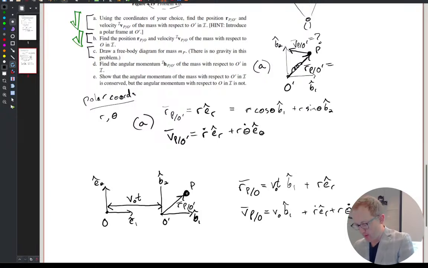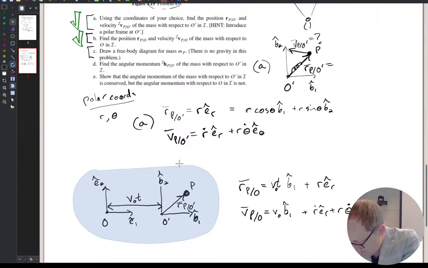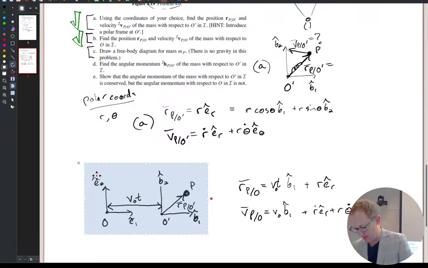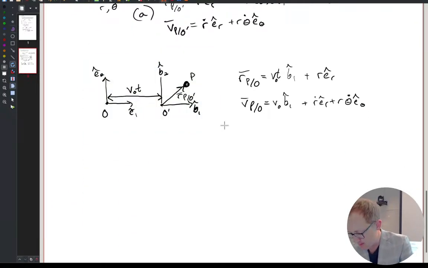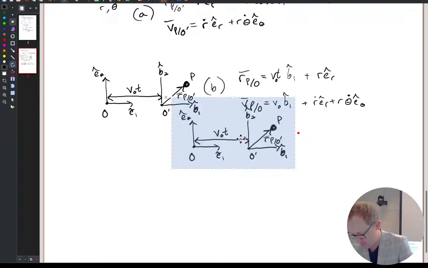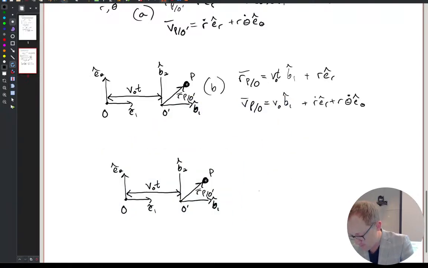All right, so now we're going to draw the free body diagram. So we went through all the work of defining position and velocity.